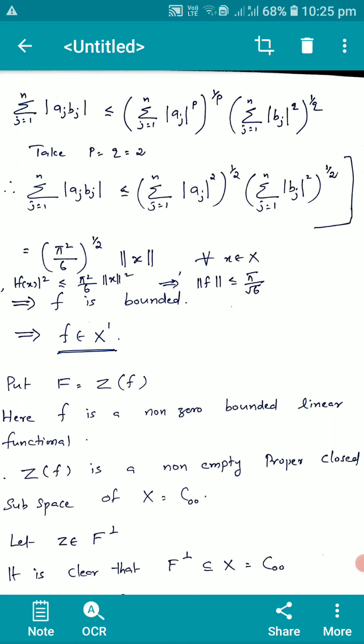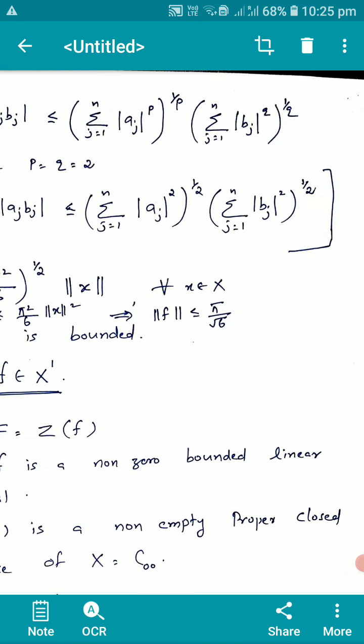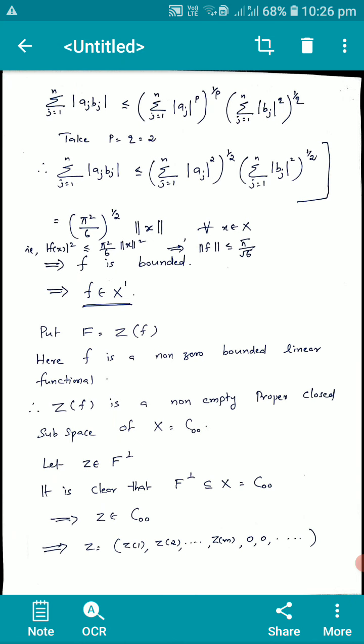So sigma j equal to 1 to n mod aj bj is less than or equal to sigma mod aj square raised to 1 by 2 into sigma mod bj square raised to 1 by 2. The same way here we take p equal to 2, q equal to 2, or 1 by 2 plus 1 by 2 equal to 1, and substituting here, we get the result as per Holder's inequality.